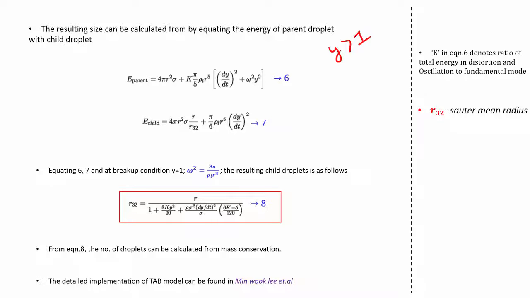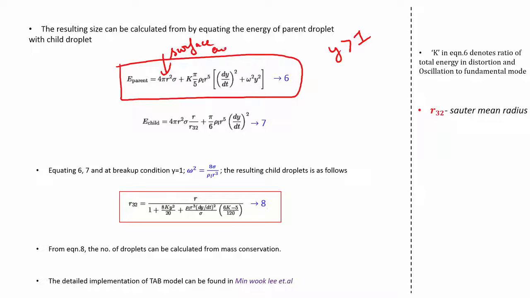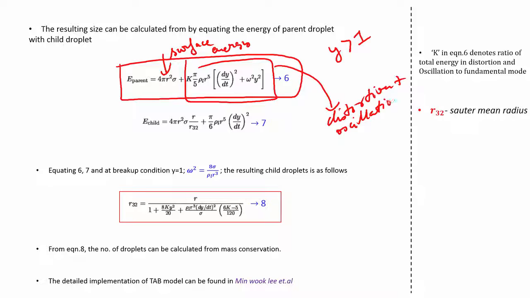To do that, you calculate the energy of the parent droplet. What is the energy of the parent droplet? It comes from two forms. One is the surface energy, and the other source of energy comes from the combined action of distortion and oscillation.